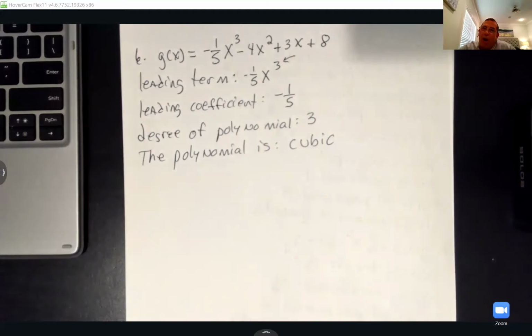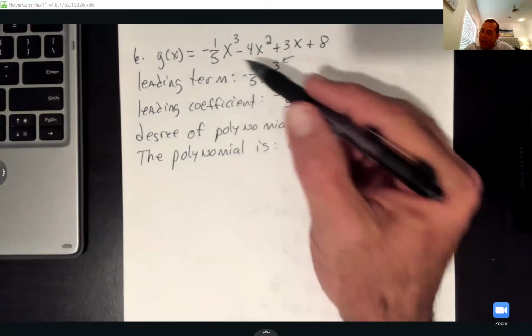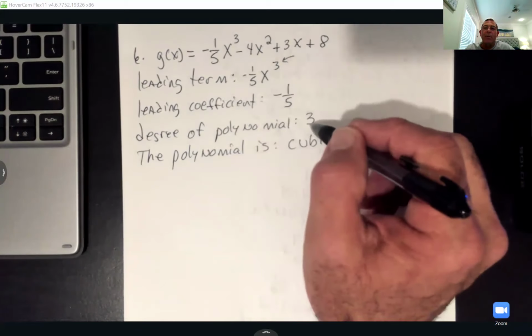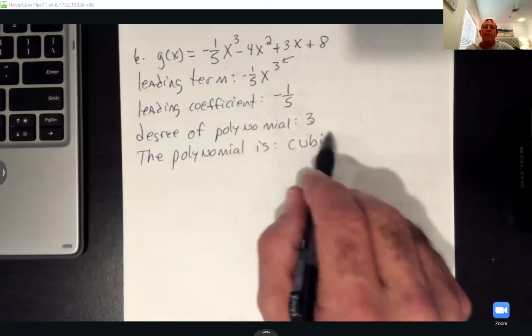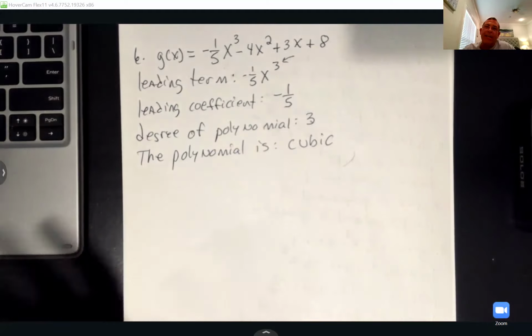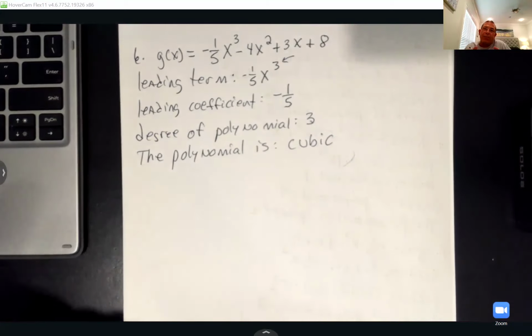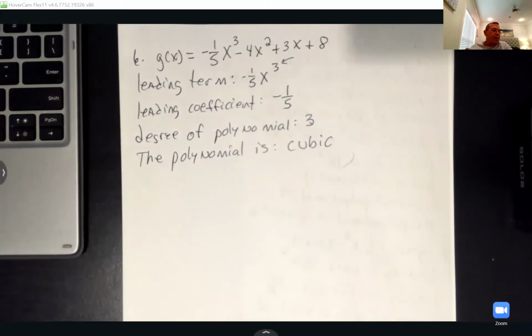So y'all, you got 6 problems in support to do tonight, and that's what you're doing right there. Picking out your leading term, leading coefficient, tell me what the degree is, and what type of polynomial it is. And like I said, I redid the due dates. Because we got spring break coming up, and I'd rather do all the college algebra fresh together.